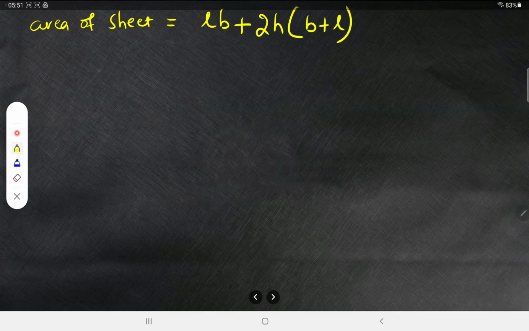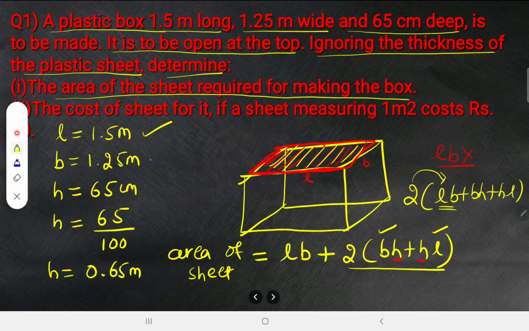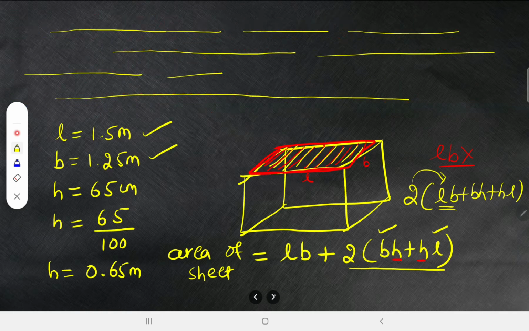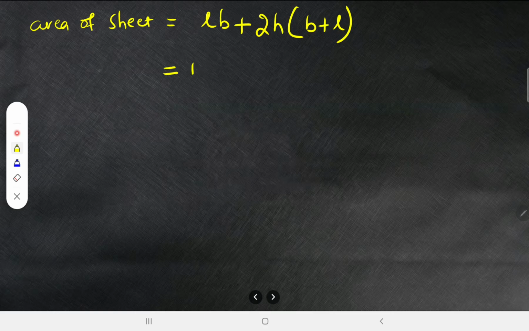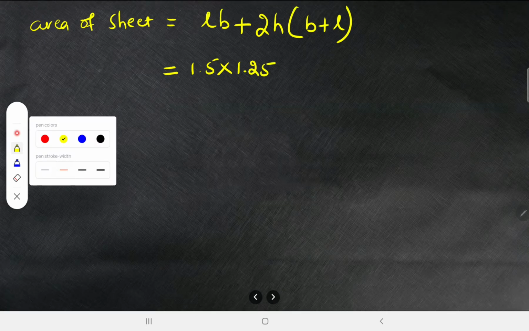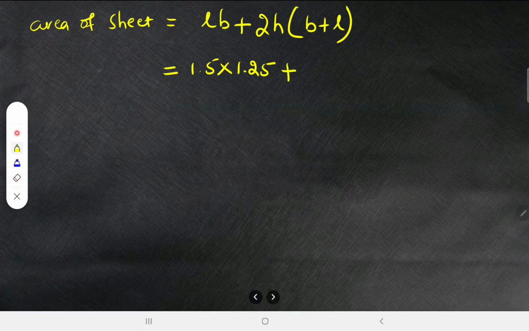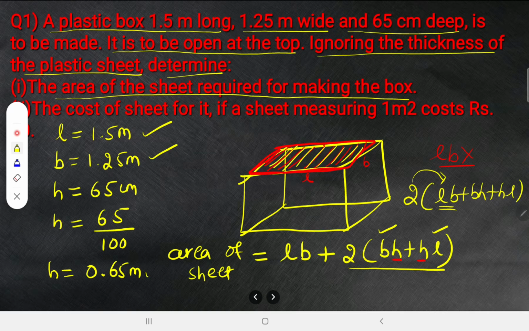Now substitute all these values. What is LB? L into B. L is 1.5, B is 1.25. So that is 1.5 into 1.25, that is the first thing, plus 2h, 2 into what is h? h is 0.65.